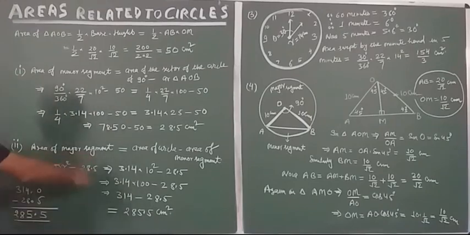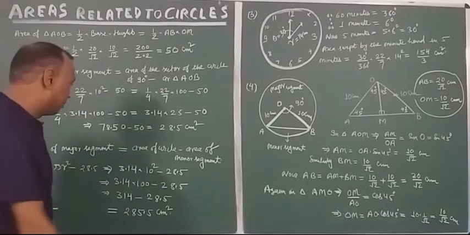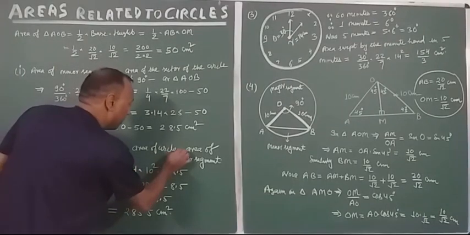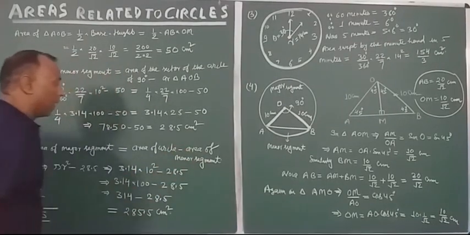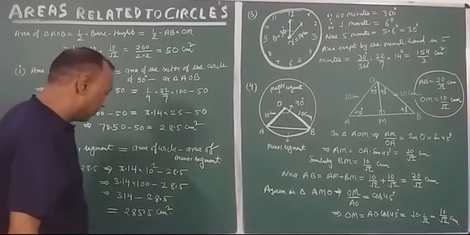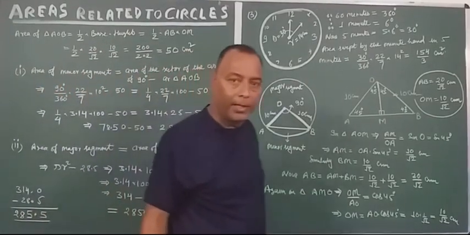So what is the area of major segment? That will be area of circle minus area of minor segment. So this will be 285.5 centimeter square.